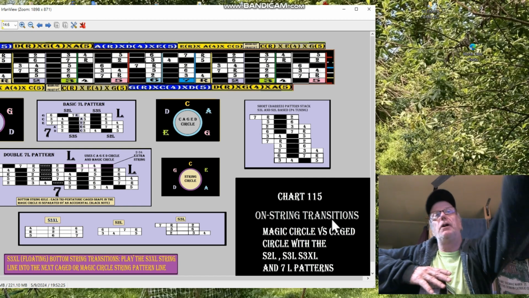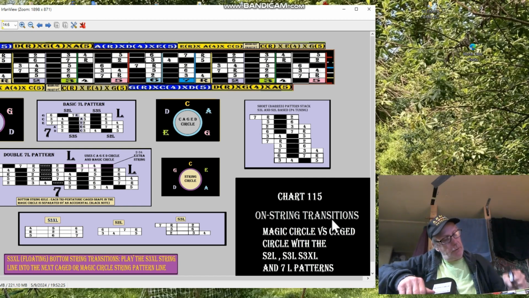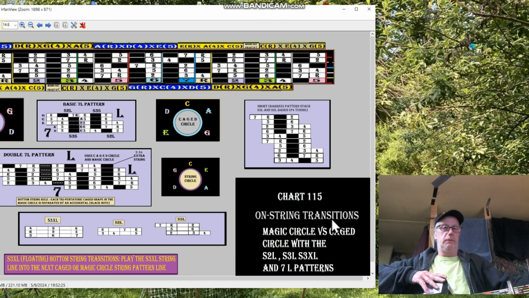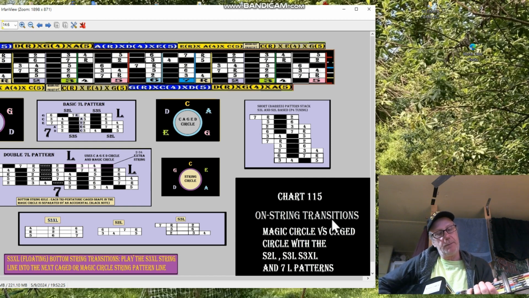So on your guitar, the open string zone, I put a capo on mine because my low note C here, this is the E note, the open string patterns. We use the long S3XL pattern starting with the root there, 2, 3, 4, 5, 6, and then that 5, 6 takes us into an S2L, S3L top.